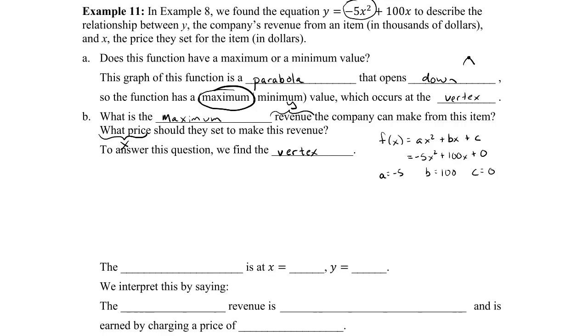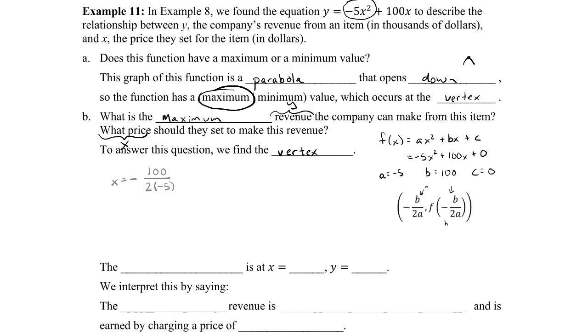Our formula, I'm going to just grab the formula and bring a copy down here so that we can look at it at the same time as the question. It says that our x coordinate is the opposite of b, which is 100, over 2 times a, which is negative 5.